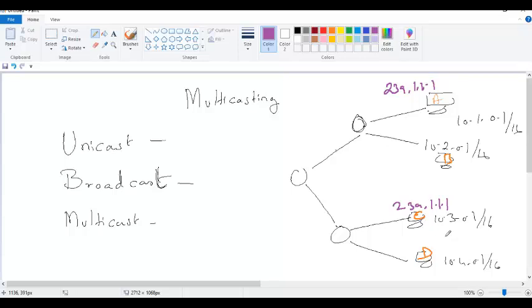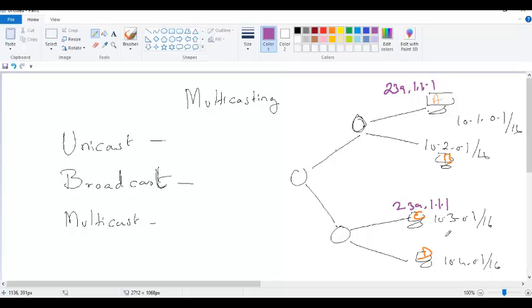So if there is traffic that needs to be sent to both, I need not send to each individual IP address. I can simply use this multicast address.